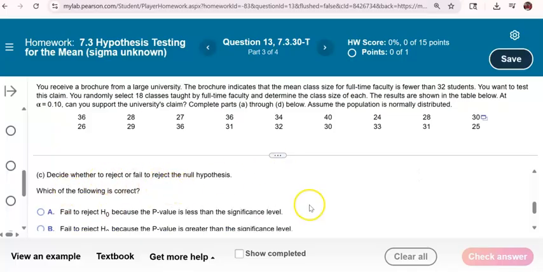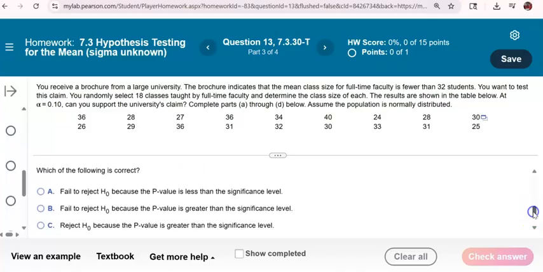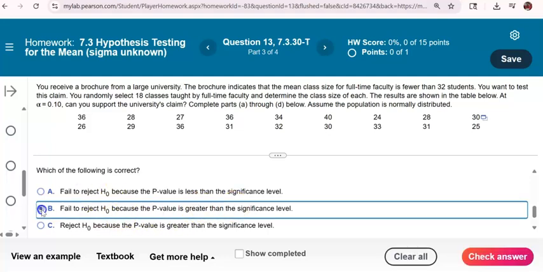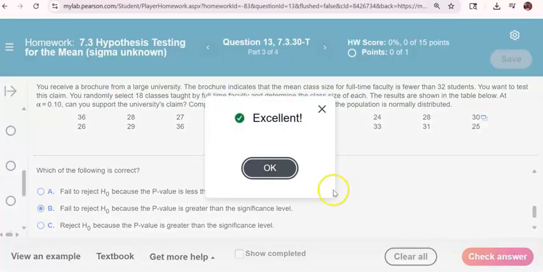All right, and then what do I do? Do I reject? Do I fail to reject? The alpha they want me to use is 0.1. This is bigger than alpha, slightly bigger, but it's bigger, so that means I'm going to fail to reject. Why do I fail to reject? Because the p-value is greater than alpha, which is the significance level. So the p-value is the likelihood of seeing what we're seeing, and 0.1 is the cutoff.